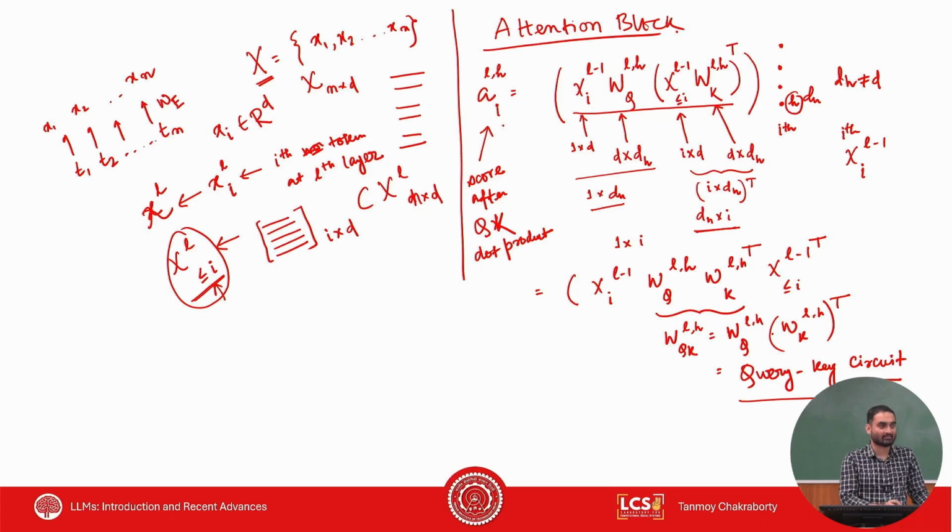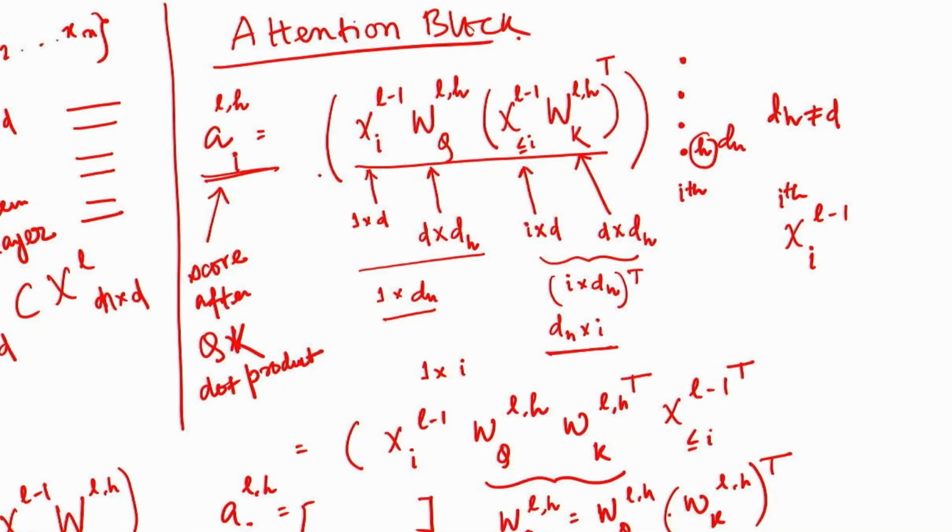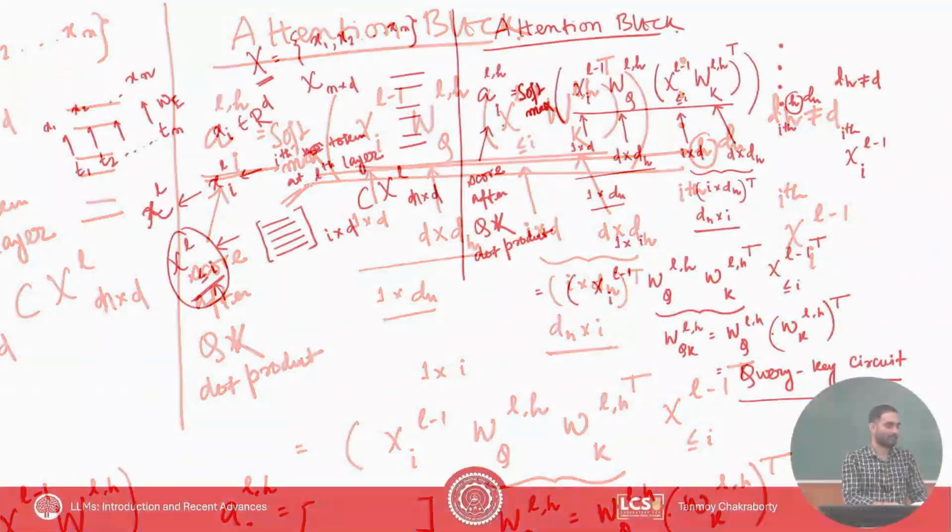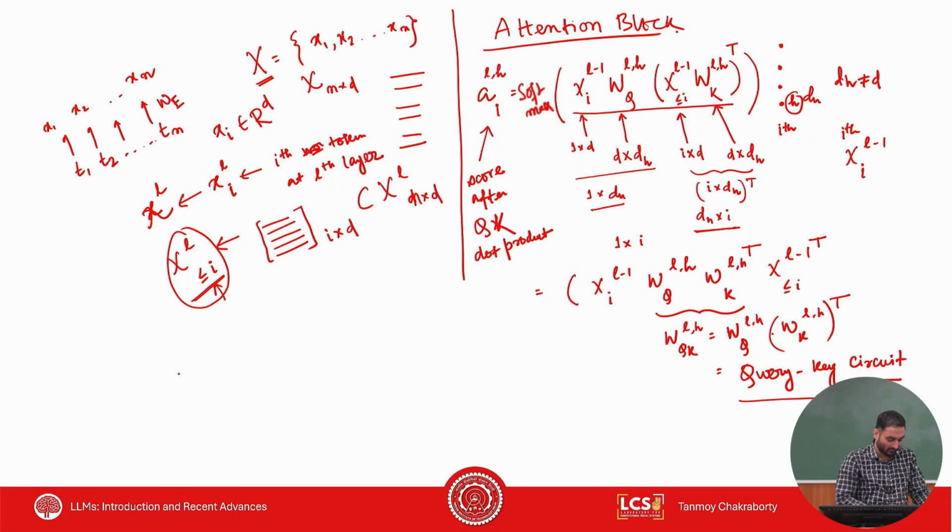So this is just the attention score. This attention score will be passed through softmax, which will give a distribution, and this is the weighted distribution, weighted average. There's softmax here. Now I move from attention score to actual attention vector.